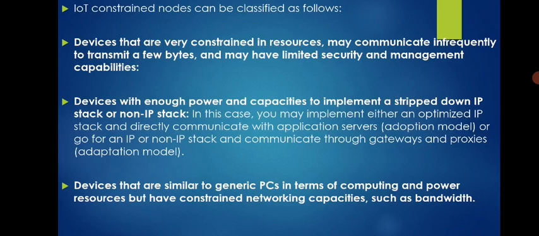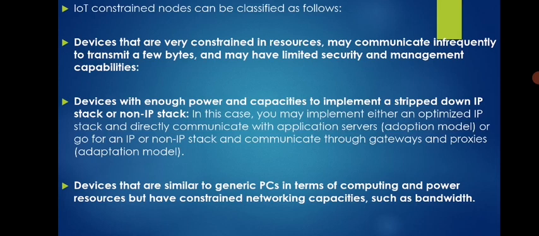In this case you may implement either an optimized IP stack and communicate directly with the application server using an adaptation model, or go for an IP or non-IP stack and communicate through gateways and proxies using an adaptation model. So this is the second variety.